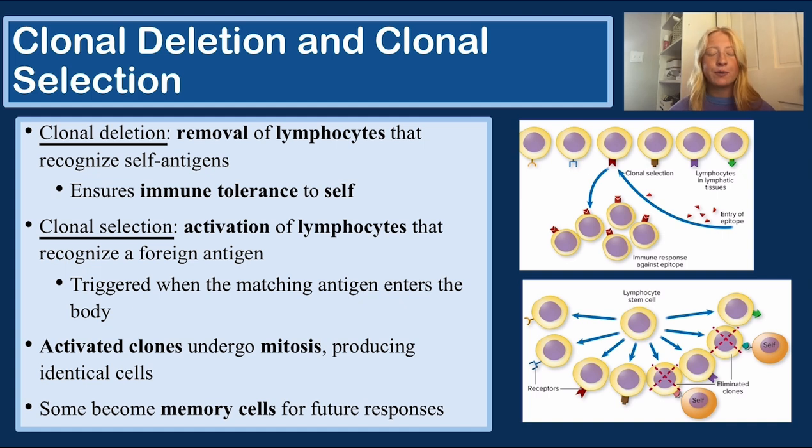Some of those become effector cells, and others become memory cells that remain for future responses. This system helps keep the cell safe and not destroy any healthy tissue, but also prepares for foreign invaders.